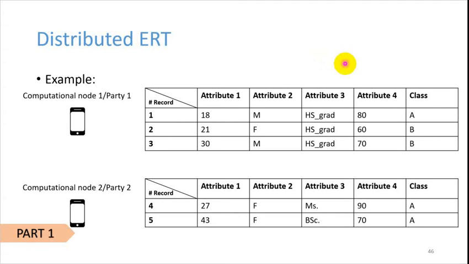Now we want to go through the example for the distributed ERT. Suppose that these three records exist on computational node 1 or party 1, and these two records are stored on computational node 2 or party 2, and we want to use the ERT algorithm to learn a classifier from all these training data, all these 5 records.